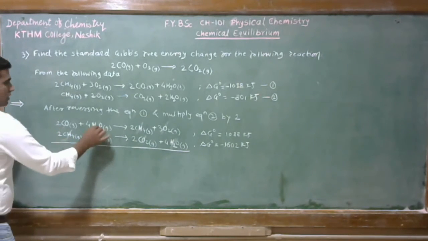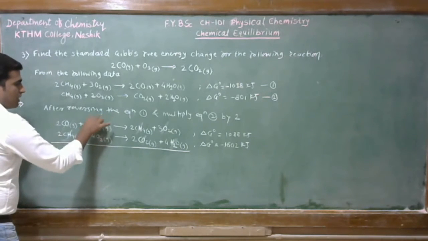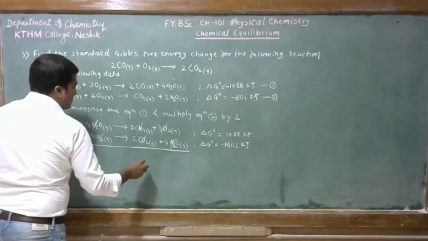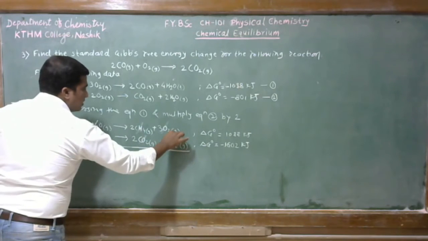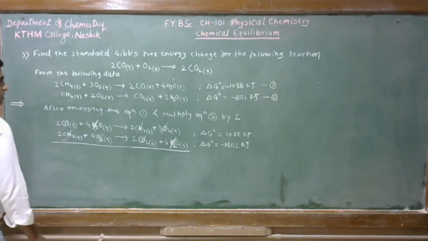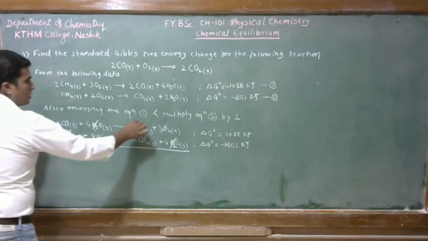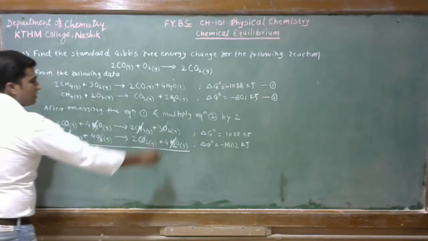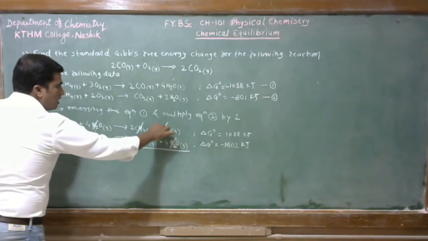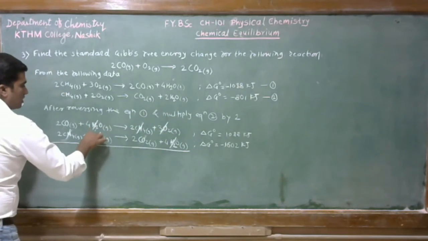Here the 4 moles of H2O gas on the left hand side get cancelled with the 4 moles of H2O gas on the right hand side. Also 2 moles of CH4 gas and 2 moles of CH4 gas, and also 3 O2 and 3 O2.